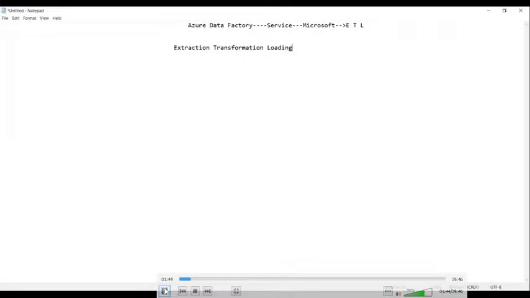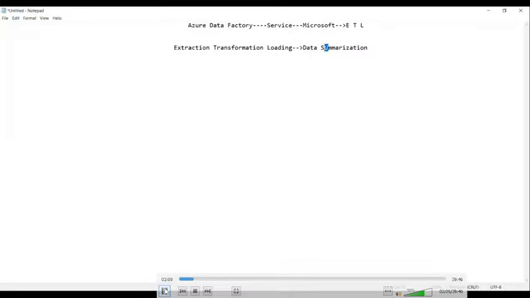Extraction, transformation, and loading is used to perform data summarization.